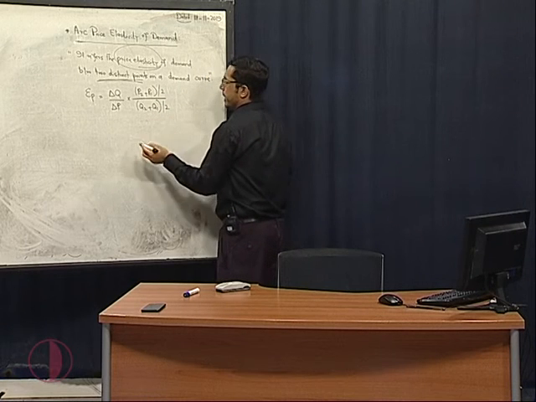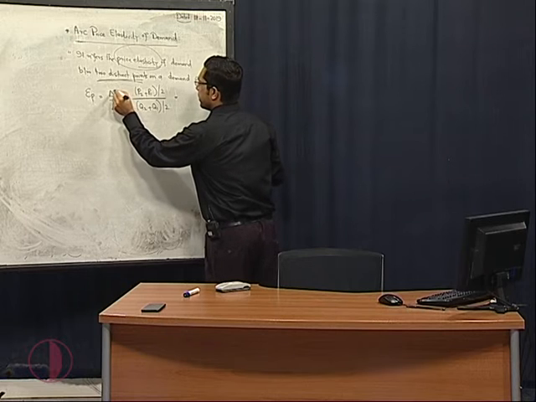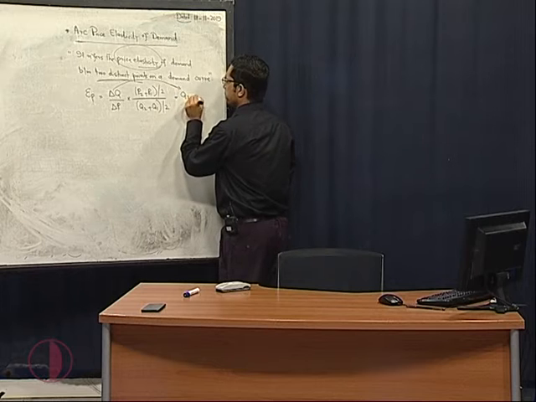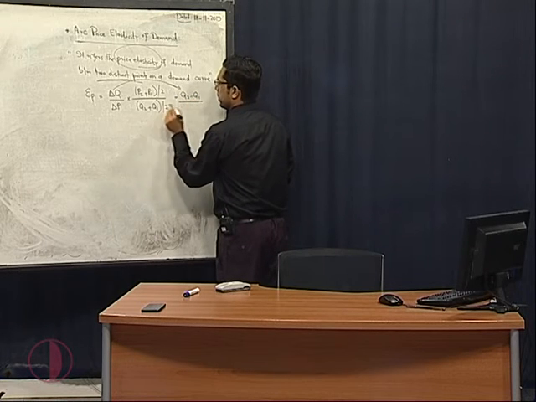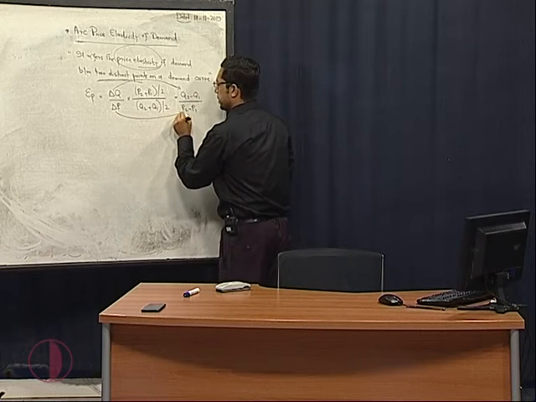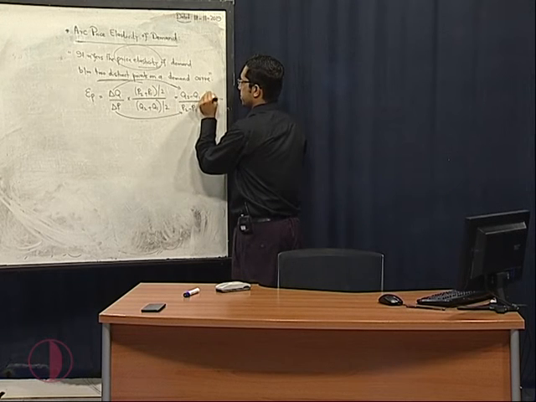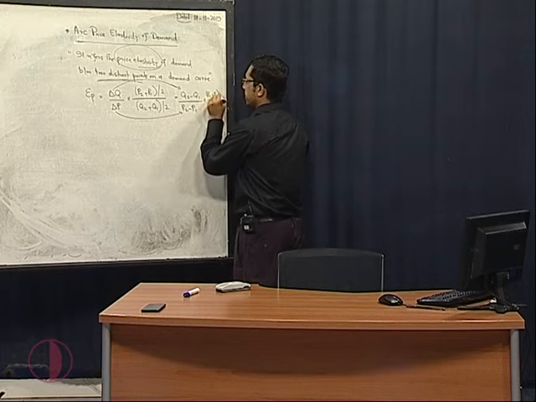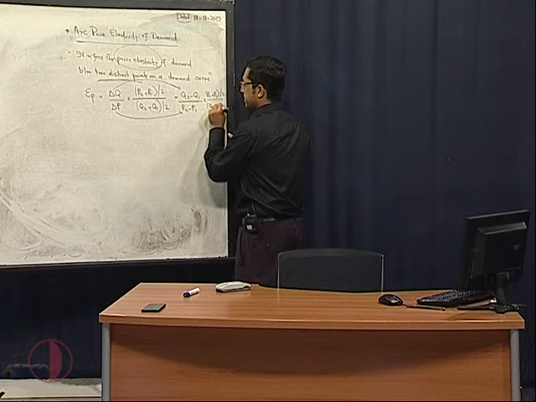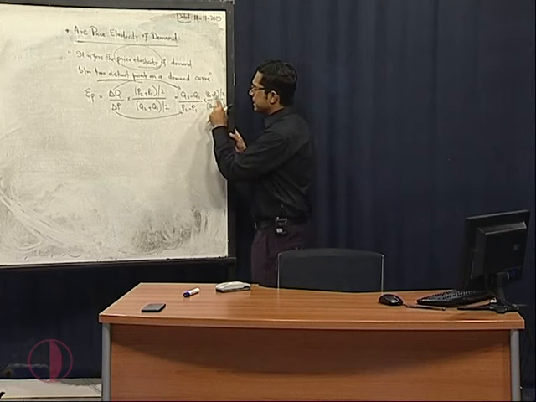We can also write it as change in quantity demanded, which is equal to Q2 minus Q1, over change in price, P2 minus P1, multiplied by this expression, P2 plus P1 whole divided by 2, over Q2 plus Q1 whole divided by 2. Now look at this expression.